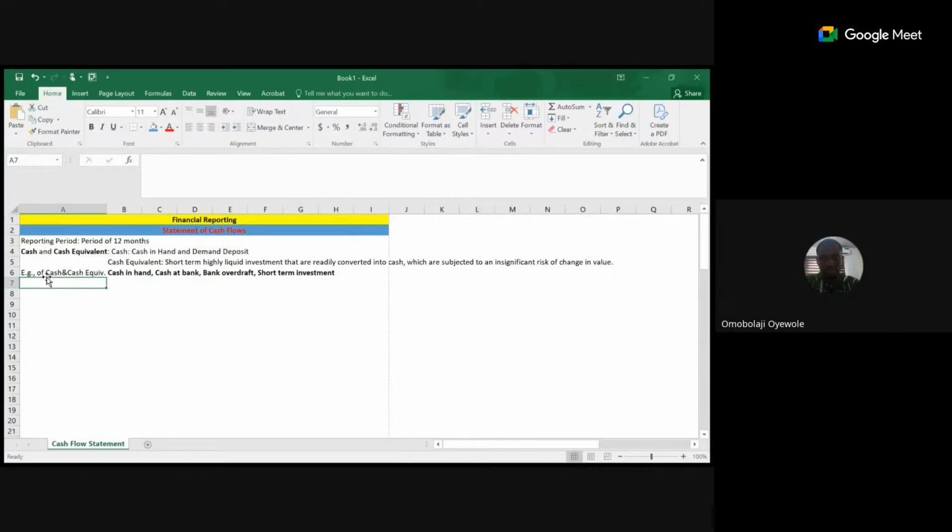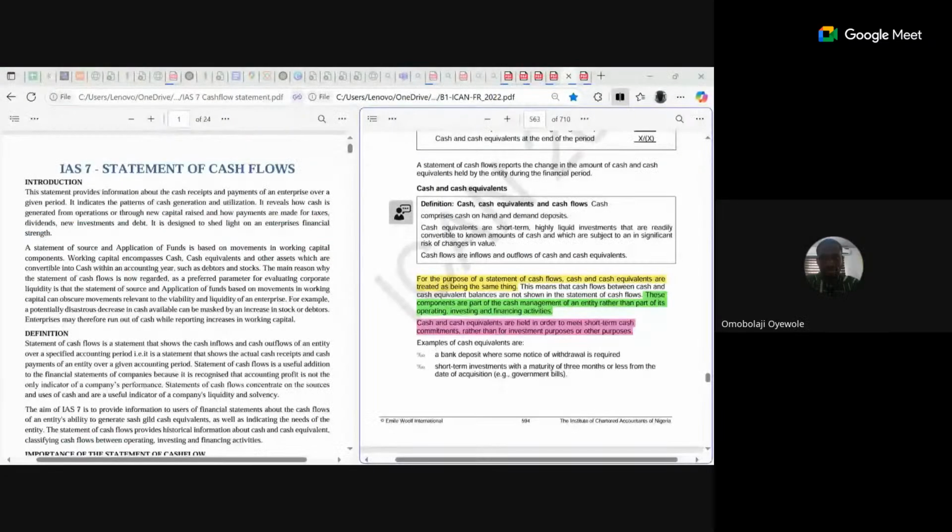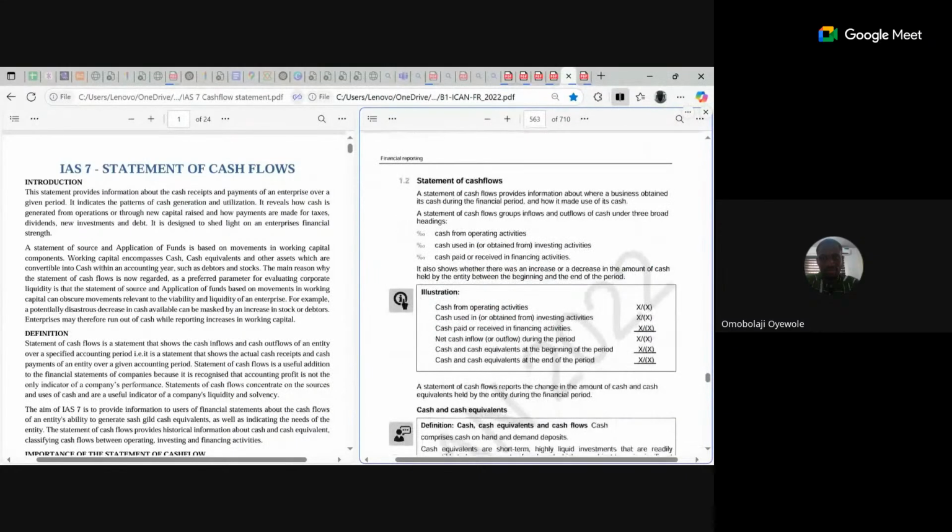So basically, we can say that the cash flow statement is used to show the inflows and outflows of cash and cash equivalent.